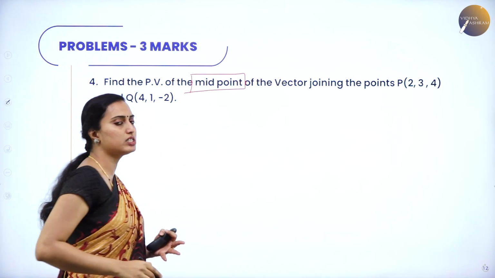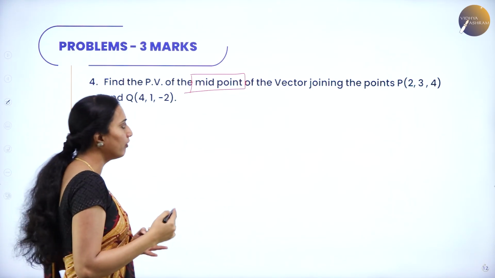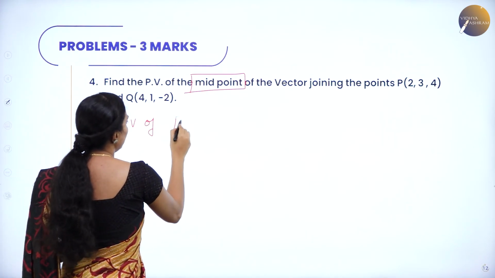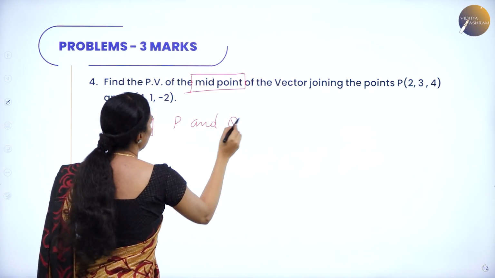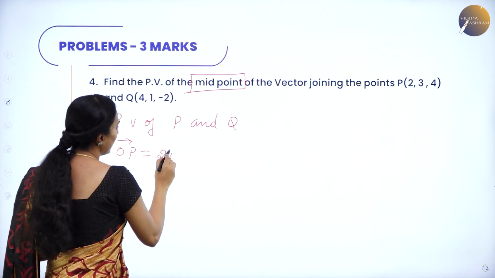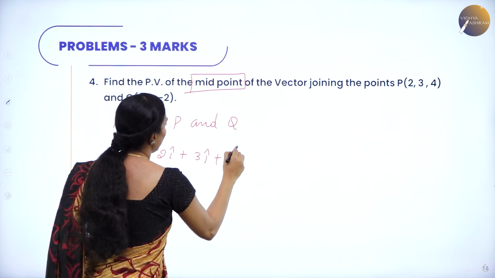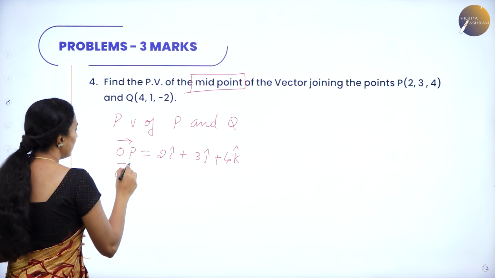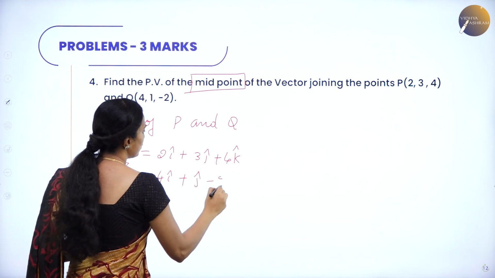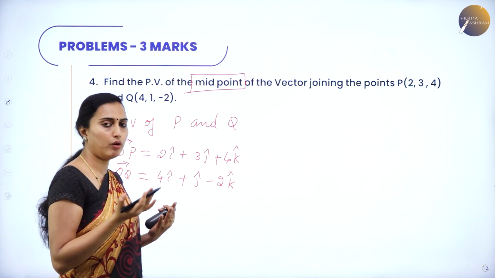Let me find the position vectors of P and Q. OP vector is 2i cap plus 3j cap plus 4k cap. Similarly, OQ vector is 4i cap plus j cap minus 2k cap. Let these be A vector and B vector.